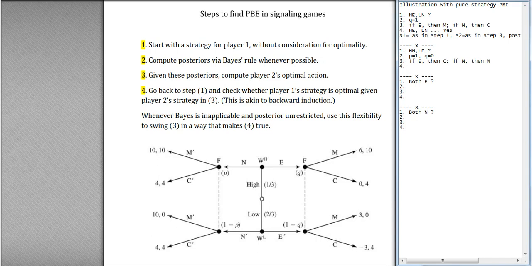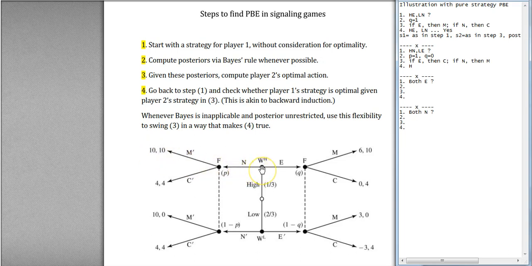Step number 4, anticipating the behavior in 3. What is best for player 1? All right, so if it's a high ability type, what happens? If you're a high ability type and you don't get educated, the firm is going to think that you are high ability and is going to make you a manager, and you get a payoff of 10.